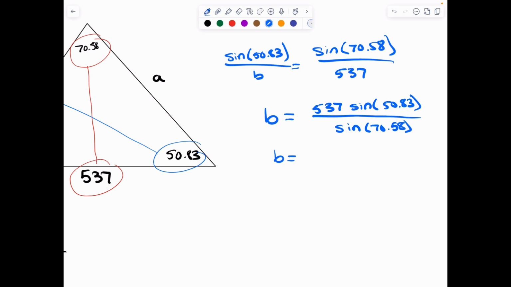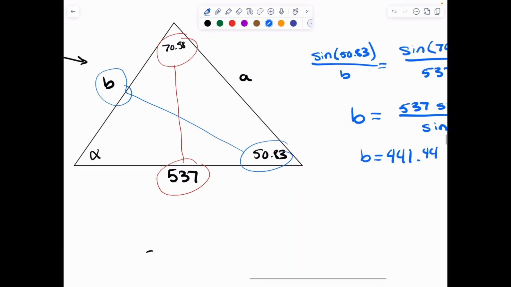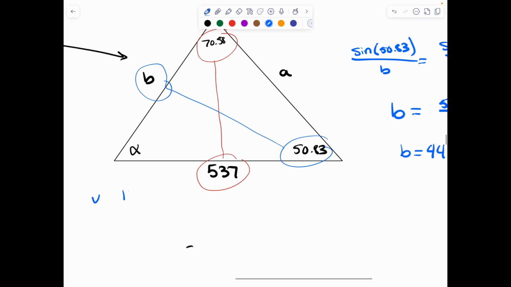Okay, so I see I did a minor mistake, and now I will fix it. Okay, 441.44. So whatever that is.